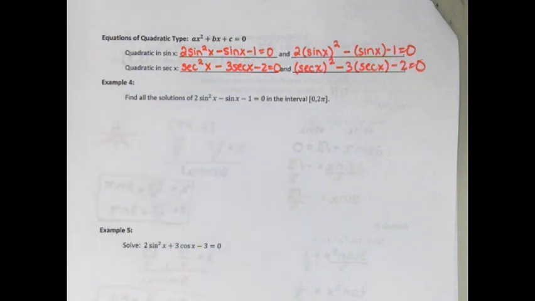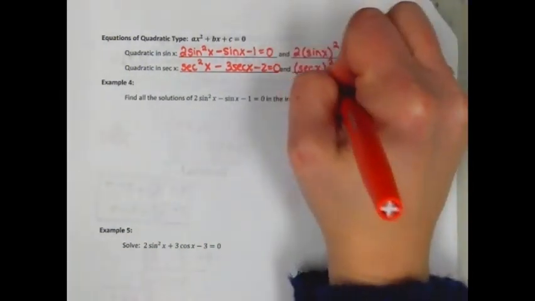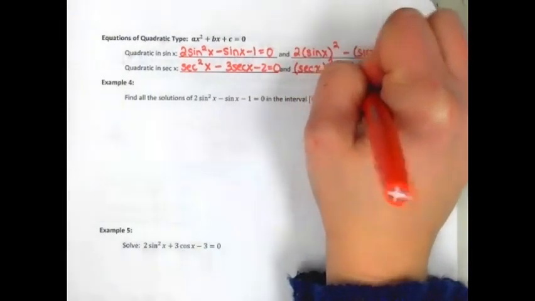Now, if we see a sine squared or cosine squared or tangent squared, what should we always try to do? What's the first thing to solve quadratics? I would try to factor first. If you can't factor, what's another way?